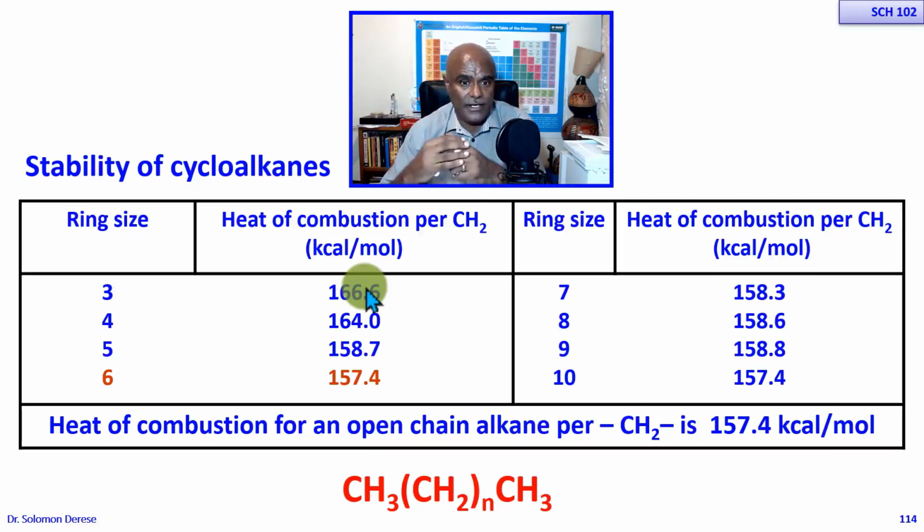So as we shall see later, in the case of cyclohexane, all the hydrogens on neighboring carbon atoms are staggered like this, totally eliminating the torsional strain, totally eliminating the electrostatic repulsive force between the electrons of the corresponding carbon-hydrogen bonds.